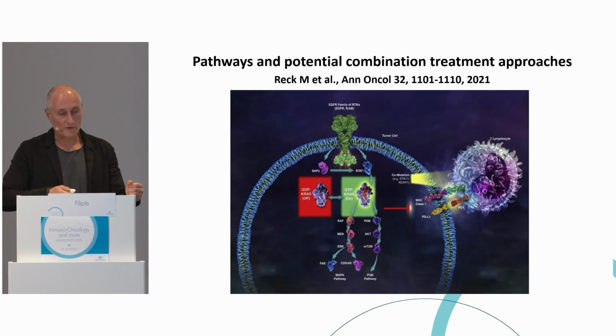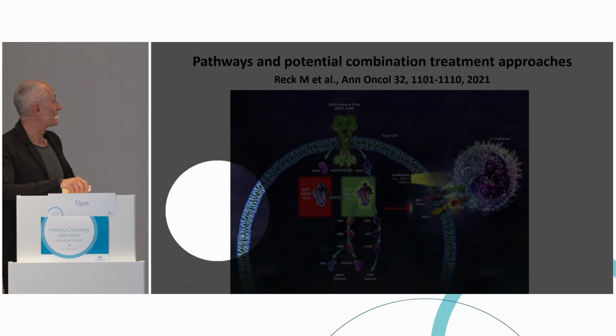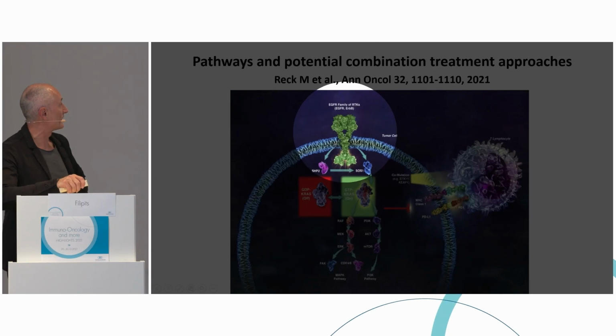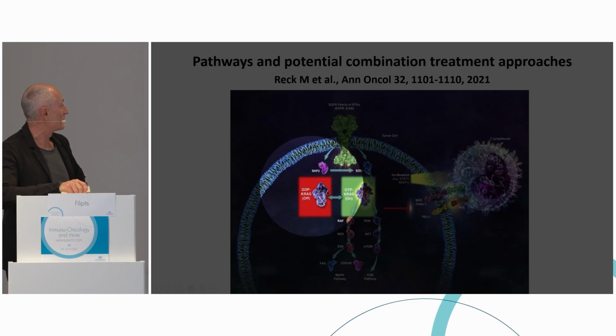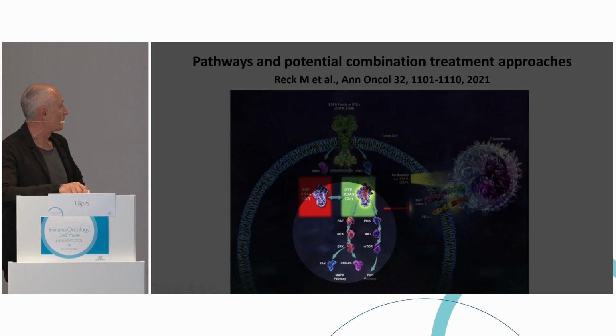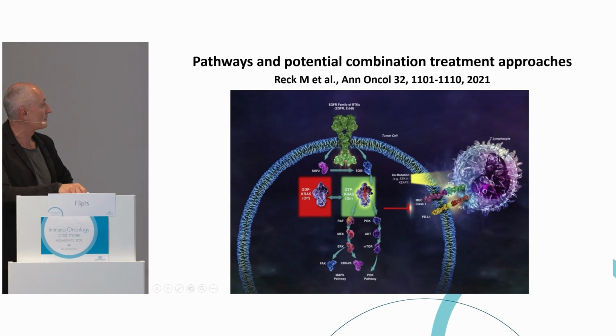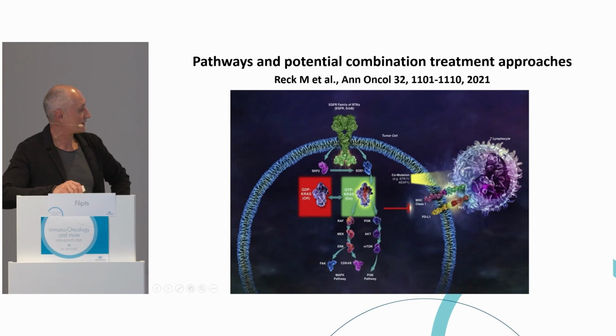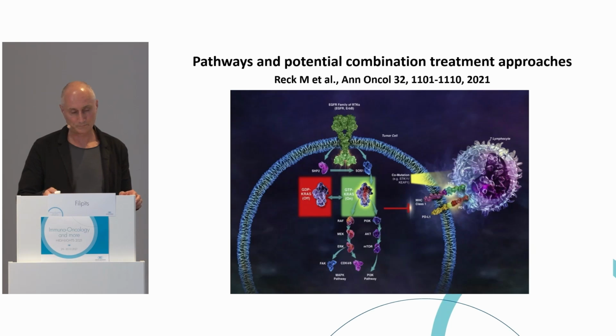So this is a summary of all the combinations I mentioned before. Of course, combination with EGFR TKIs would be very interesting, as well as SHP2 and SOS1. Of course, all the combinations with the downstream factors, MAP kinase inhibitors, MEK inhibitors, or mTOR inhibitors, and also a combination with immune checkpoint inhibitors could be successful.